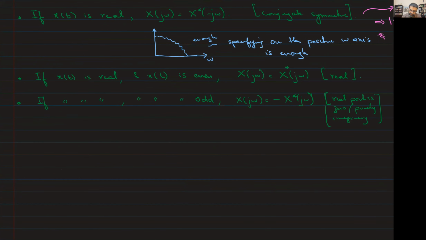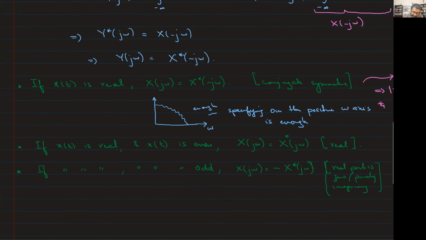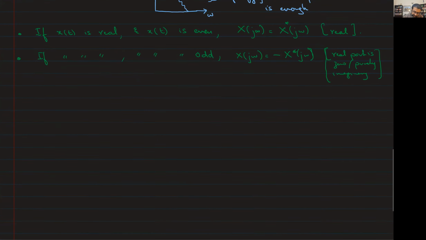All right, so here's the next property, which is differentiation and integration. This is where things might be a little confusing.